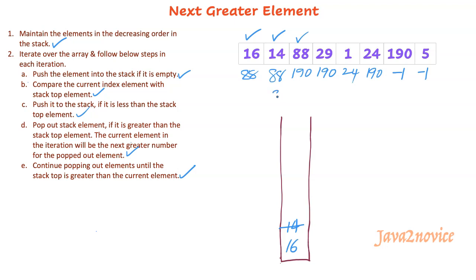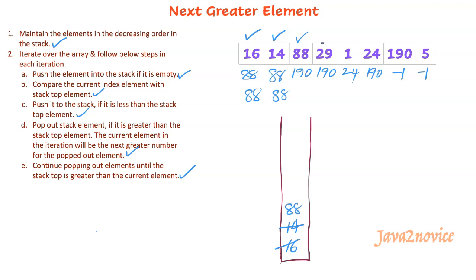So here we will mark it 88. We will continue comparing 88 with the stack top. 88 is greater than 16, so pop out an element. So even for 16, 88 is the next greater element. Let's mark it here. Since the stack is empty, push 88 into the stack before going to the next iteration.